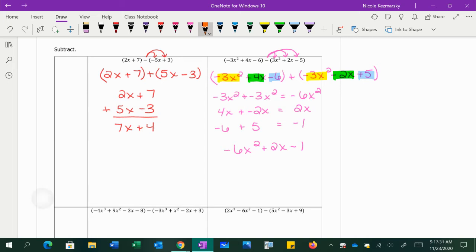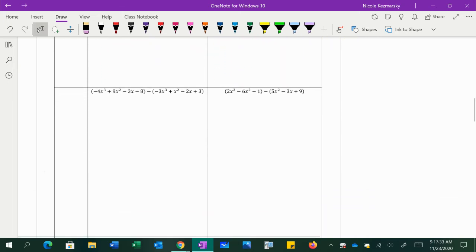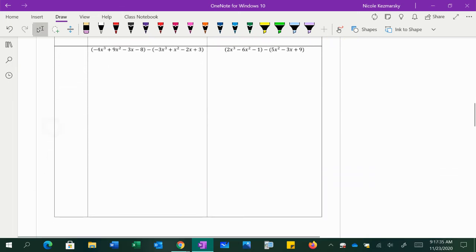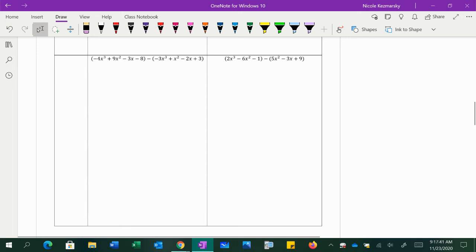At the bottom of this page, the polynomials get a little bit longer. So let's stack these, but first we distribute the negative sign. So distributing here is going to flip all of these signs.